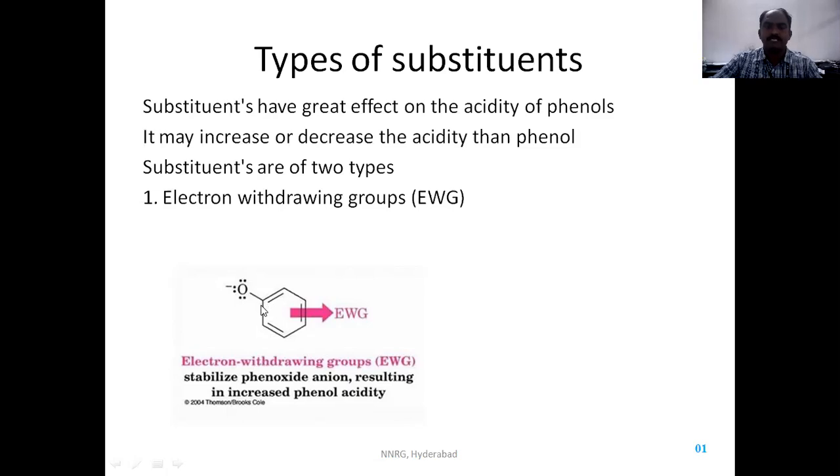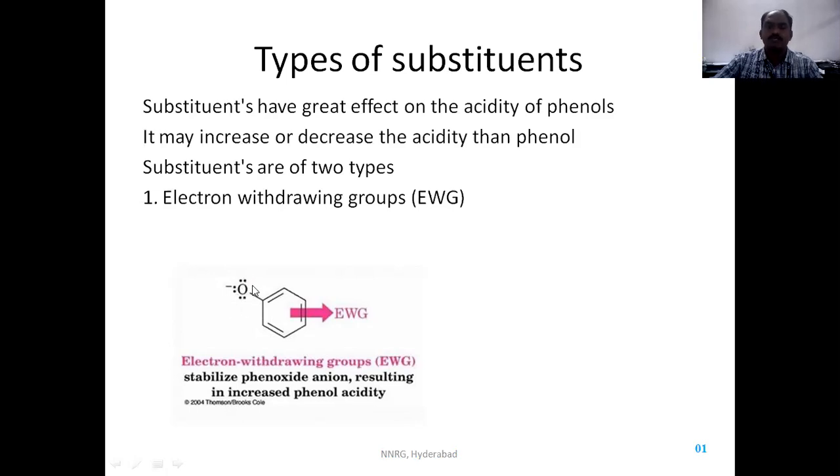The carbon attached has sp2 hybridization, so it will try to pull the electron cloud from the oxygen. So there is a I minus effect, and because of that, the electron cloud on the oxygen decreases.